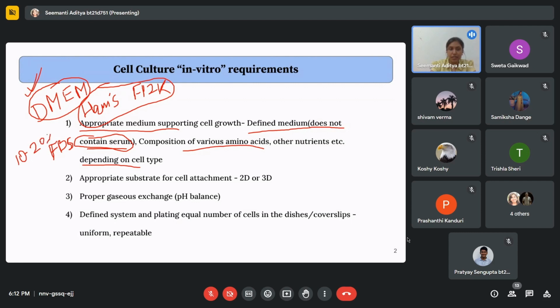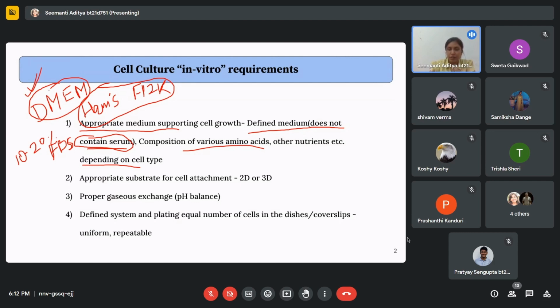This needs to be added separately. So this is percentage. Basically, this is not X. One second, let me erase it. So 10 to 20% of FBS needs to be added for proper growth, and should not exceed more than 20%.